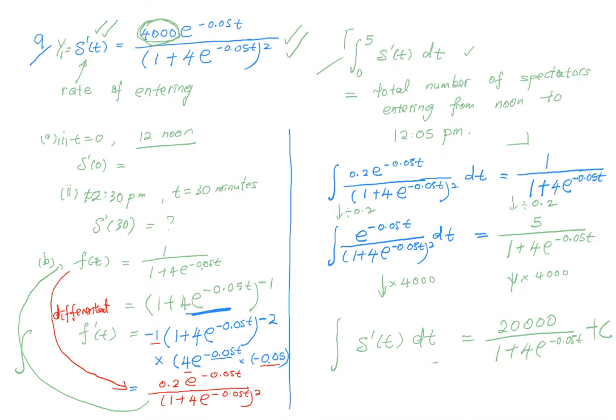So, Miss, where does the 4,000 come from? Class, how come I know I have to times with 4,000? What does the question want you to do? Can you please go back to question 9 part B? Did you read question 9 part B?